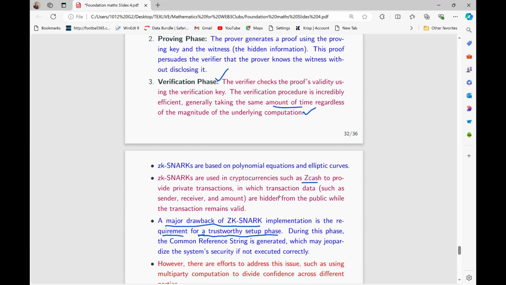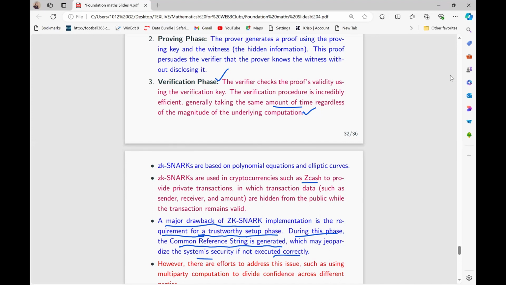Of course, we've already seen that this is a point where we have the proving key and the verification key being generated. But we're saying that this phase has a disadvantage. And the reason is that during this phase, you saw there was a common reference string being generated, and this may jeopardize the system's security if not executed correctly.